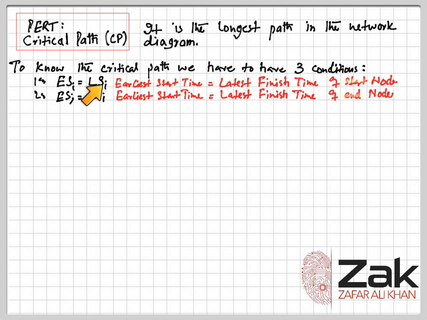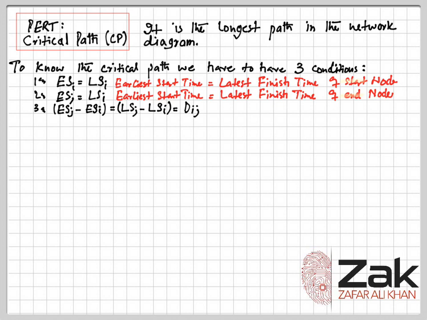I stands for starting node and J stands for ending node. Similarly, there is a third condition that says that earliest start time at the ending node minus latest finish time at the starting node is equal to the duration.